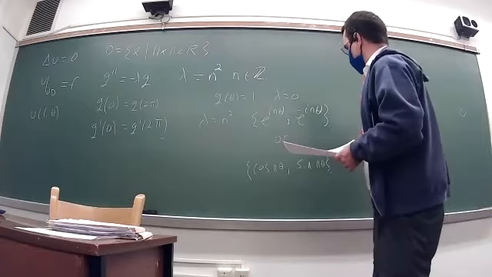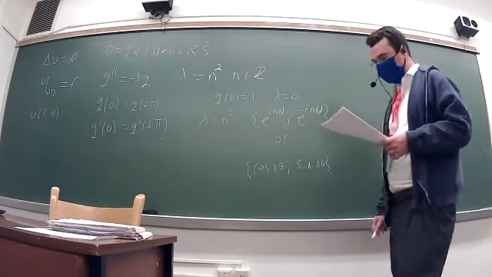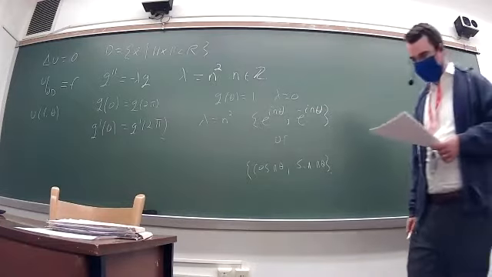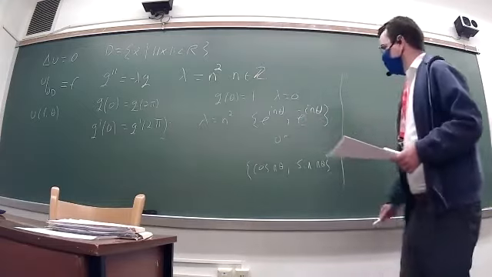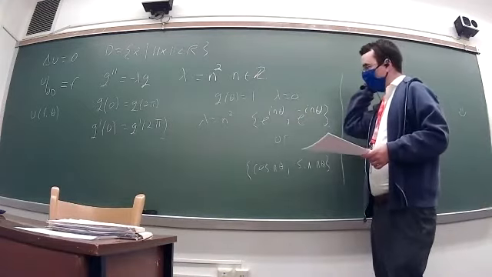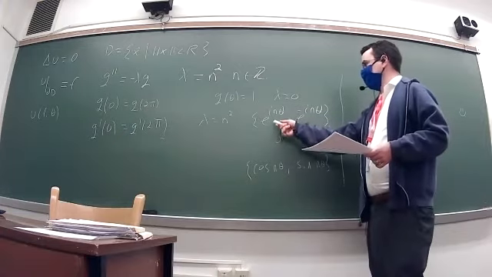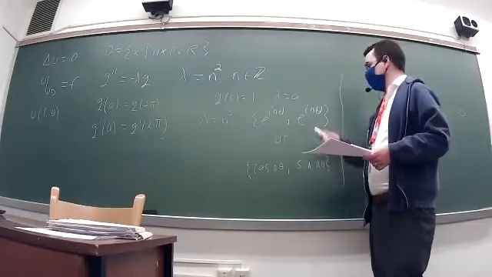Either of those two options are available to you. And I'll just kind of leave it at that. So these are connected, of course, by Euler's formula. This is cosine theta plus i sine theta. This is cosine theta minus i sine theta.